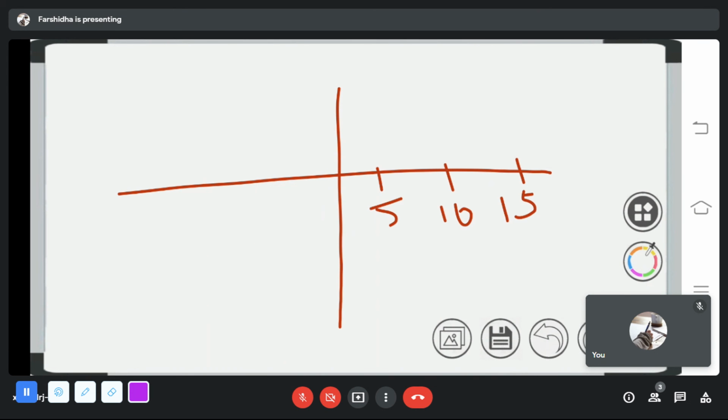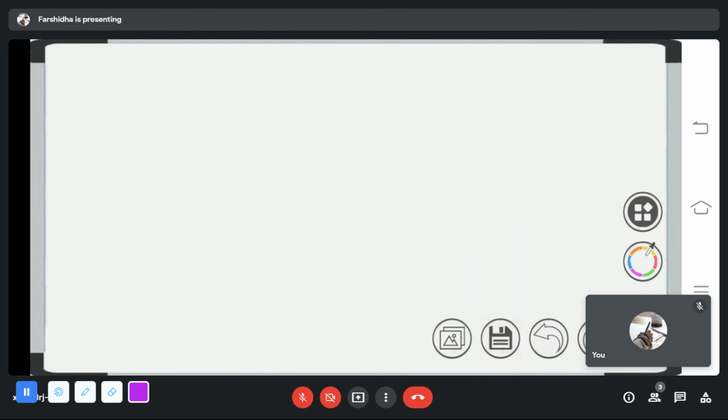Do you remember? So there we took 5 units for 1 centimeter. In this question you need to take the scale 1 centimeter equal to 1 unit, so you can take 1, 2, 3, 4 as usual. Now you can plot those things. That is also easy.